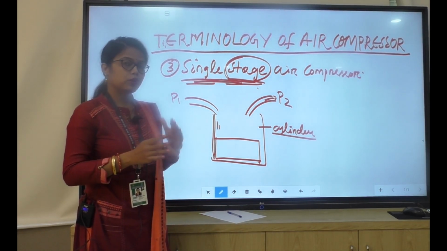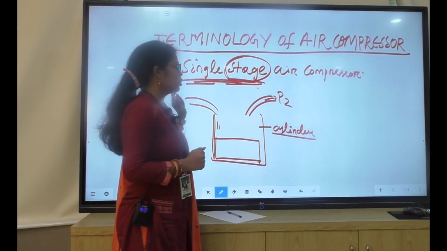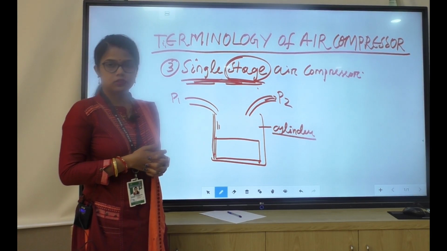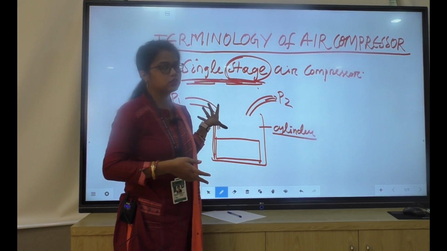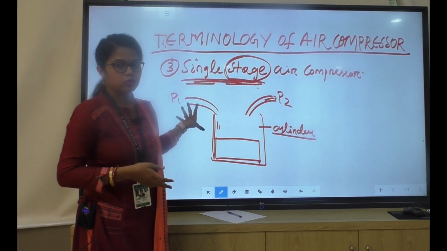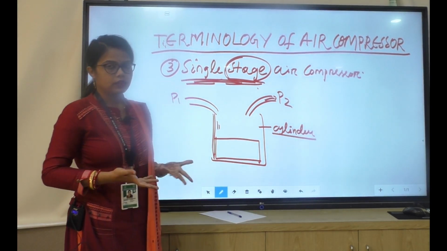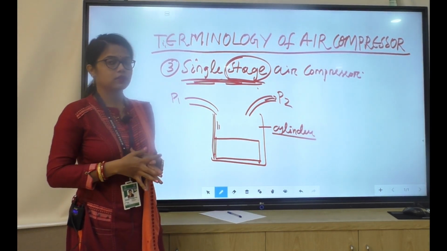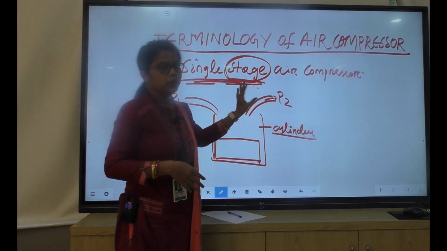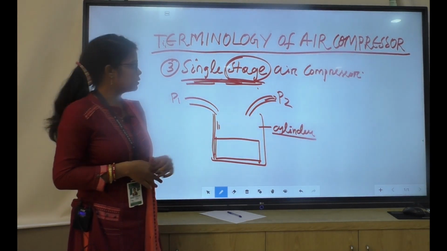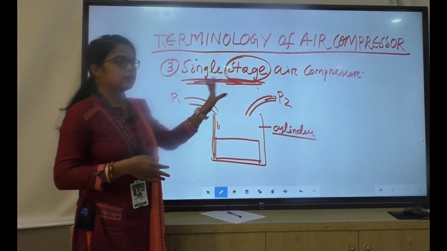When we require very high pressurized compressed air we use multi stages, but when we do not require very highly compressed air, we can compress the air using only one cylinder in a single stage, from a particular pressure to our desired pressure. That means for a low pressure ratio we can use the single stage air compressor.